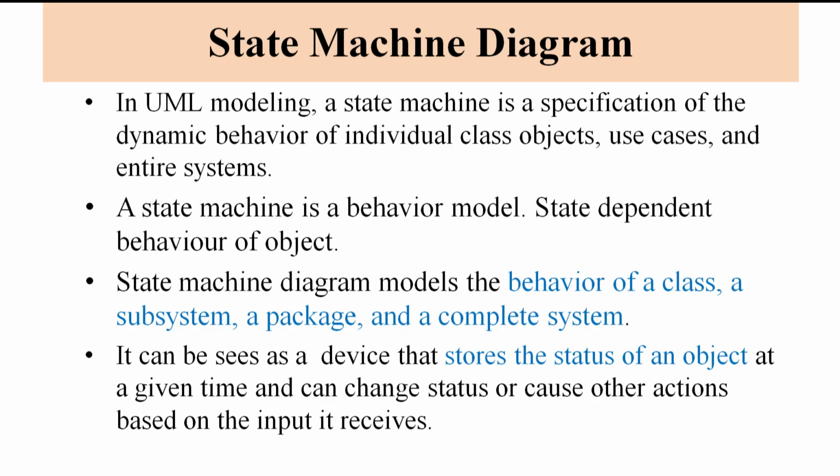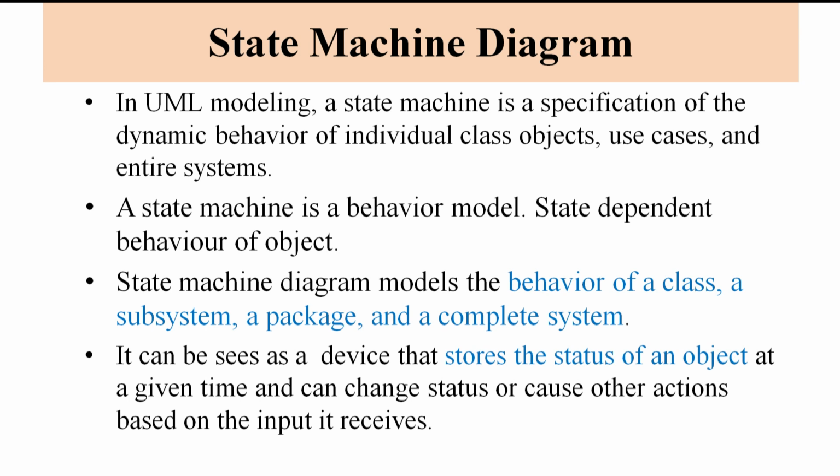A state machine diagram models the behavior of a class, a subsystem, a package, and a complete system, as I said earlier. Here one more thing has been included, that is the package. It works as a separate component or module which may be used as part of the development of the whole system.